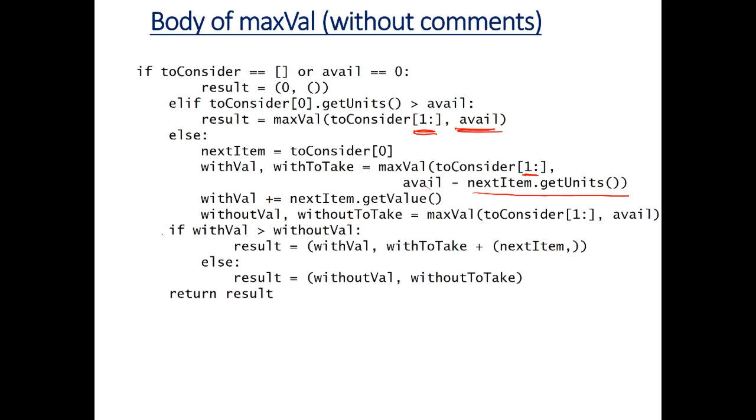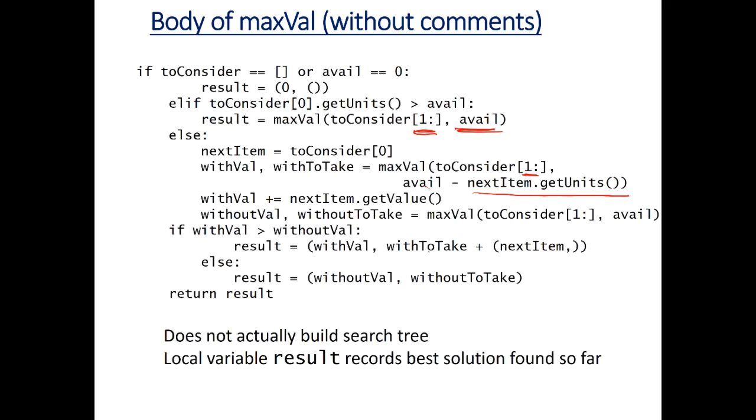We then simply test whether the left branch or the right branch was better by saying if with val is more than without val, this is the result, otherwise that's the result, and we return it. What I want you to notice is that we're not actually building the search tree. The local variable result records the best solution found so far.